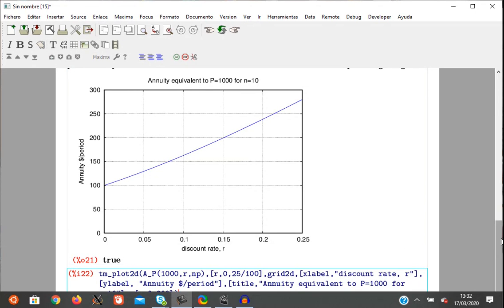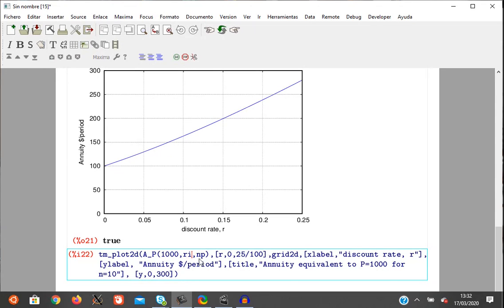Now the X label will not be discount rate but number of periods, for R equal 7%. Sorry, n is a new horizontal variable.